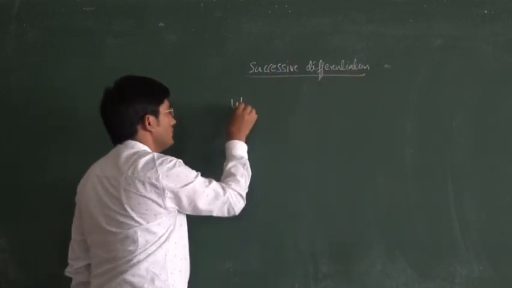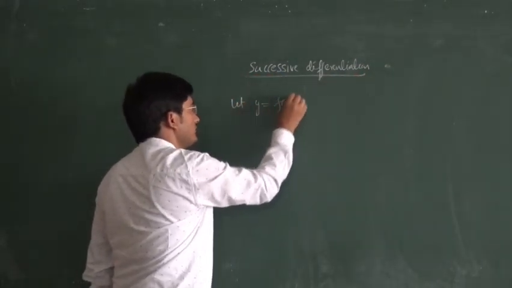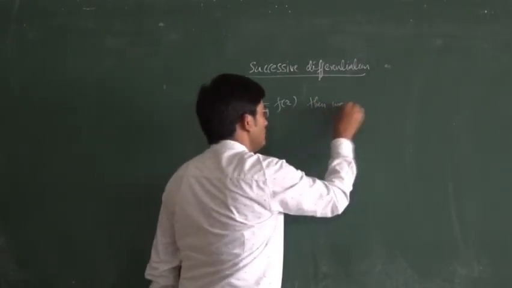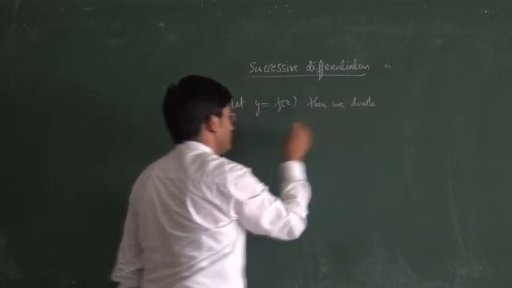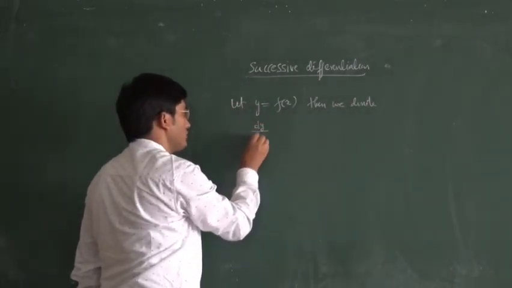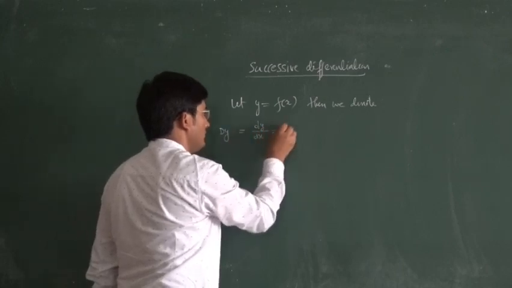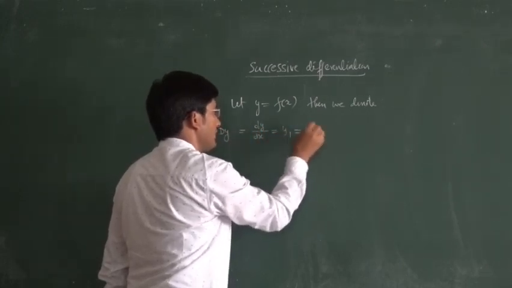So let y be a function of x, then we denote the first order derivative of y with respect to x as dy/dx or y1, or we can also denote it by y dash.